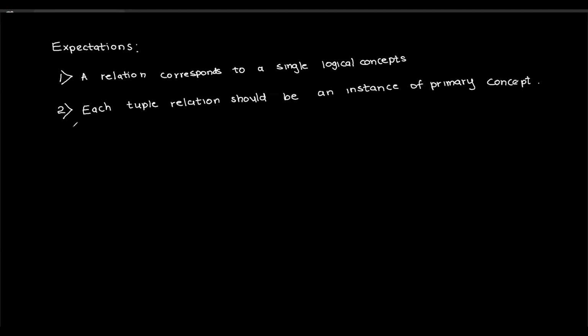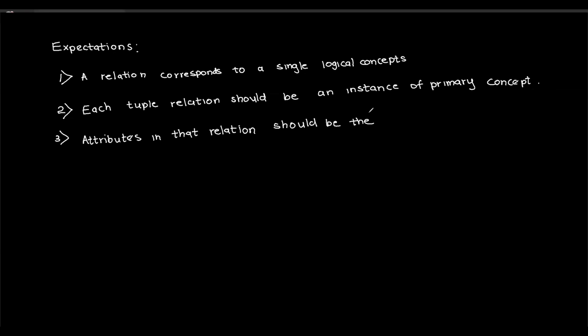And the third and important one: attributes in that relation should be the details of the relation. We already know attributes or columns are properties of an entity or properties of a relationship.